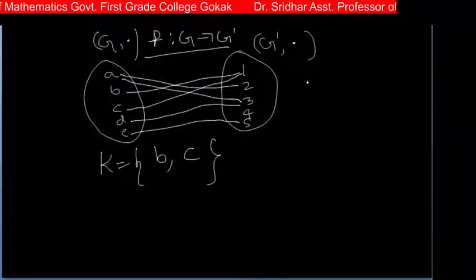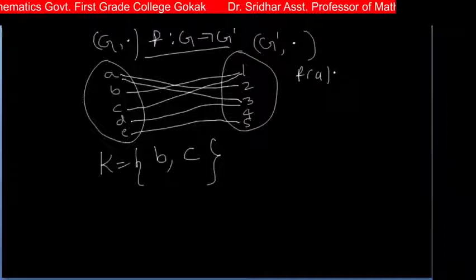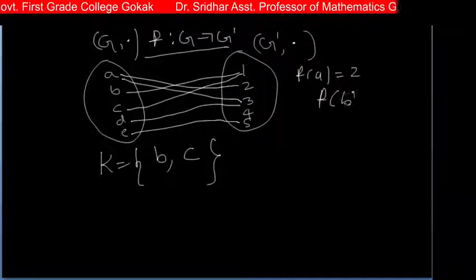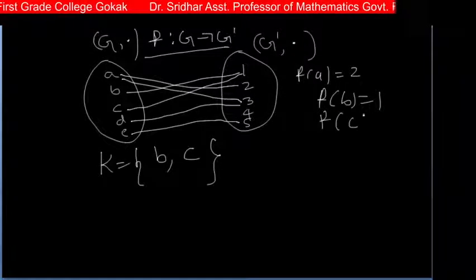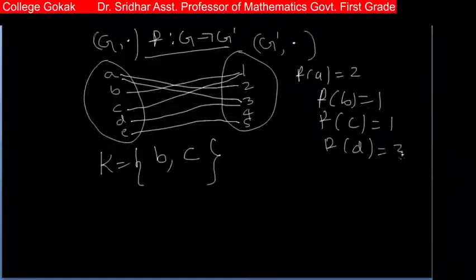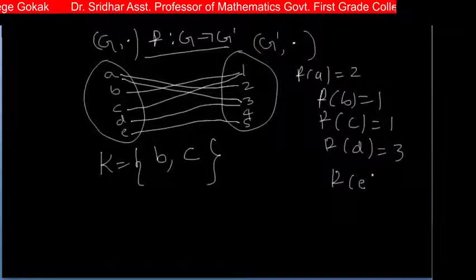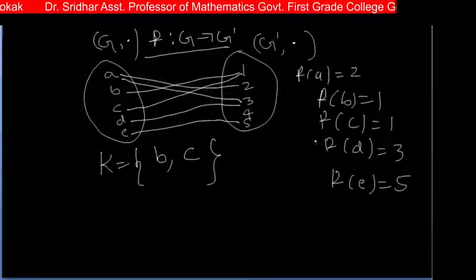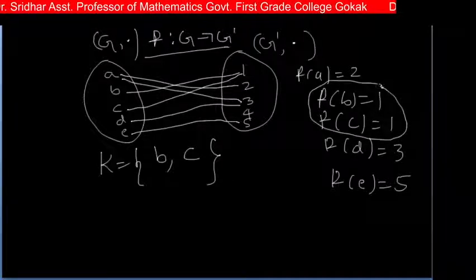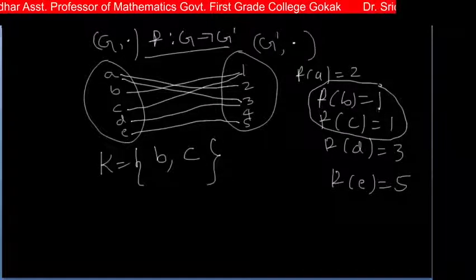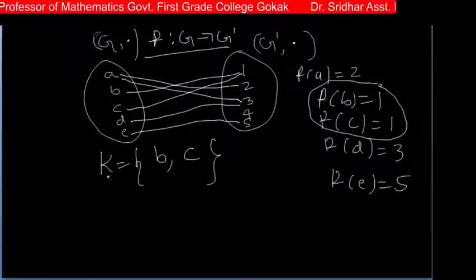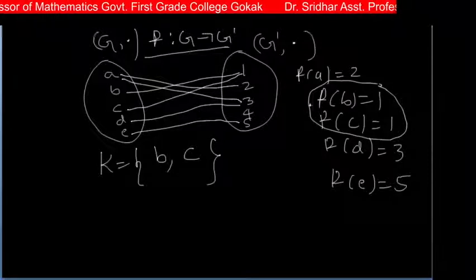So if I write f of A is equal to 2, f of B is equal to 1, f of C is also equal to 1, f of D is equal to 3, f of E is equal to 5. So only these two elements have the image 1, therefore the kernel is the subset having the images 1.